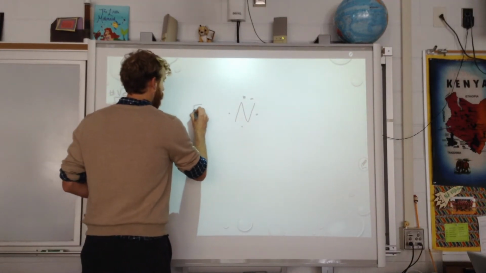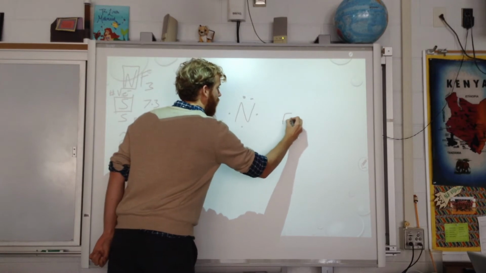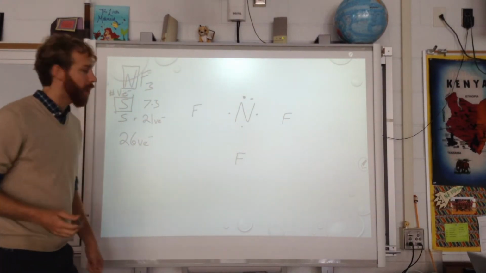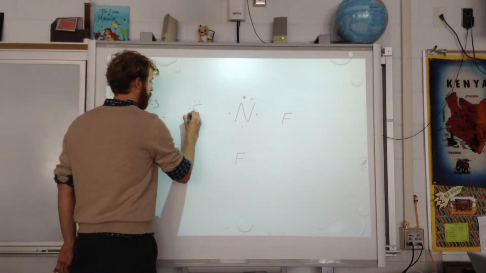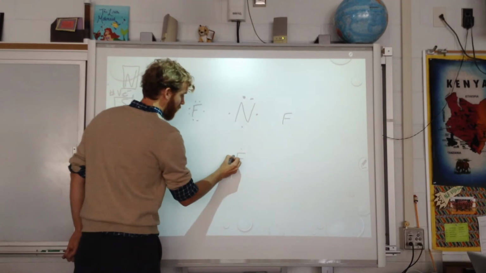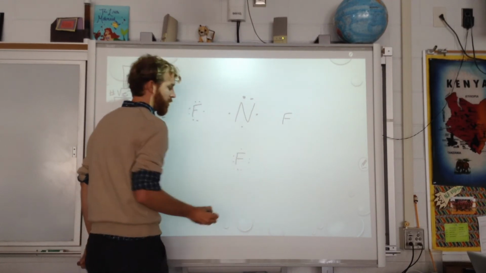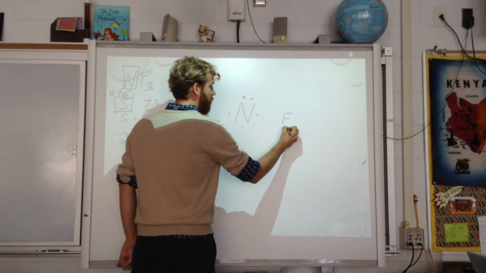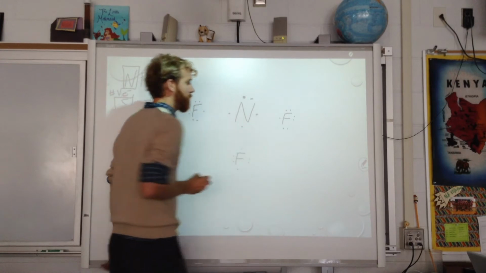I'm going to have a fluorine here, and a fluorine here. Now, each fluorine has 7, so I'm going to add 7 dots to each fluorine. Notice how I'm strategically placing the lone electron closer to nitrogen. This will make sense in just a minute.